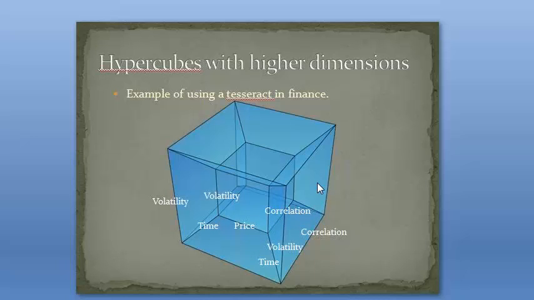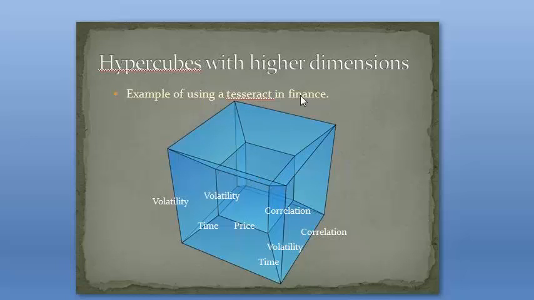Now, if you go on this side, the right side of the hypercube, then you're talking about correlation on the bottom, right? Volatility on the z-axis, and time. So you can see that by playing around with the different sides of the hypercube, you're playing around with different variables that are described within this four-dimensional space, this four-dimensional hypercube.